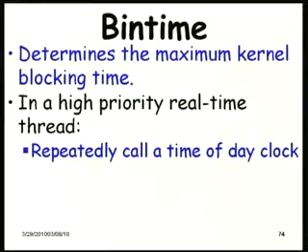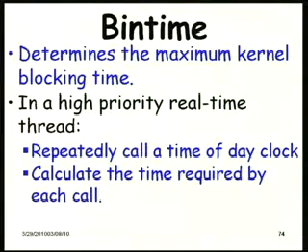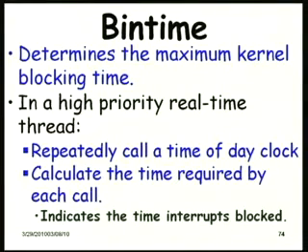So, it may be, in the worst case, once you make a system call or another task is making a system call, how much time does it take to complete. So, repeatedly call the time of the day clock and calculate the time required in each call, and it would indicate the time the interrupts are blocked.